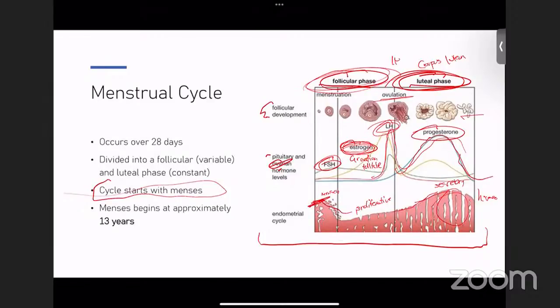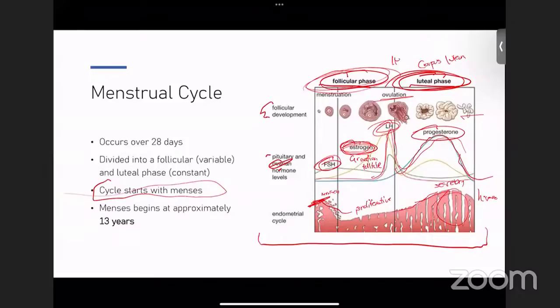After which, as I said before, the FSH secreted by the pituitary gland will cause the growth of the Graafian follicle. After which, the Graafian... Can you hear me? I'm hearing you, but it has a low bandwidth. It's saying low bandwidth on my end.